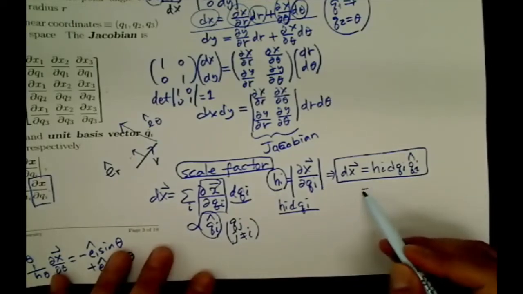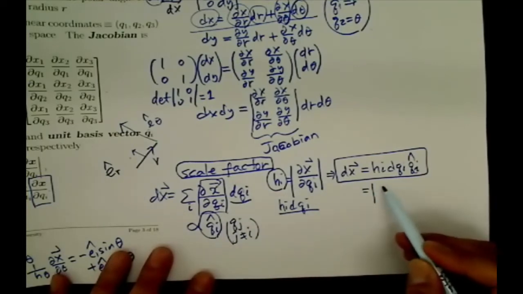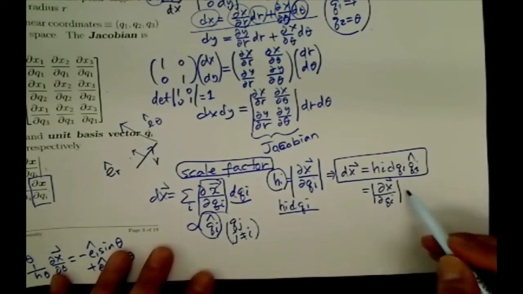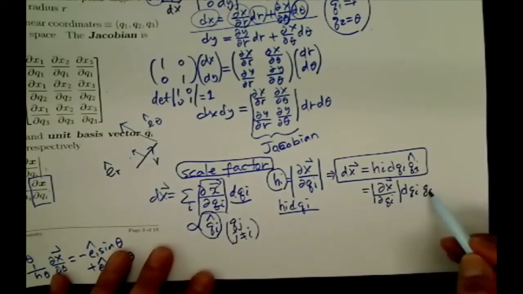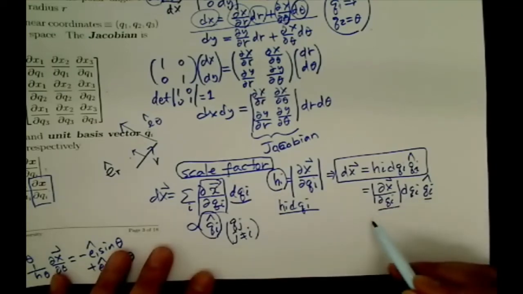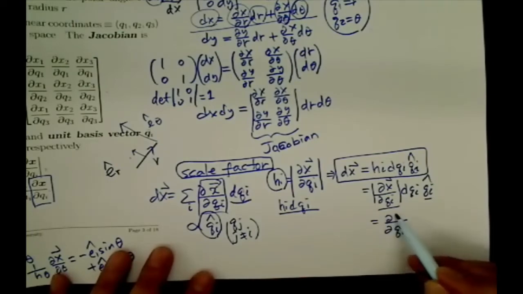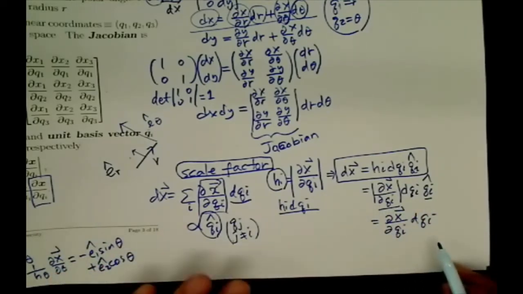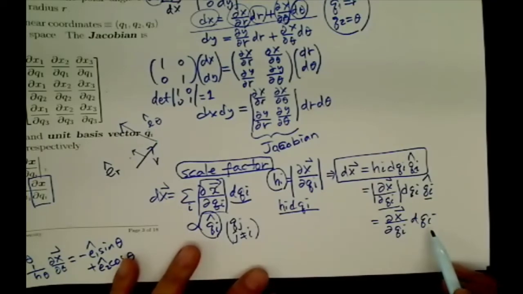So hi is the magnitude, and this has its own direction. This is the displacement you may obtain along the direction of qi increase.